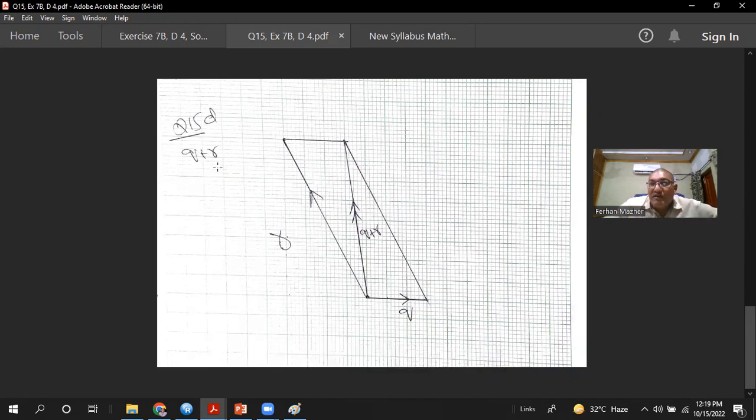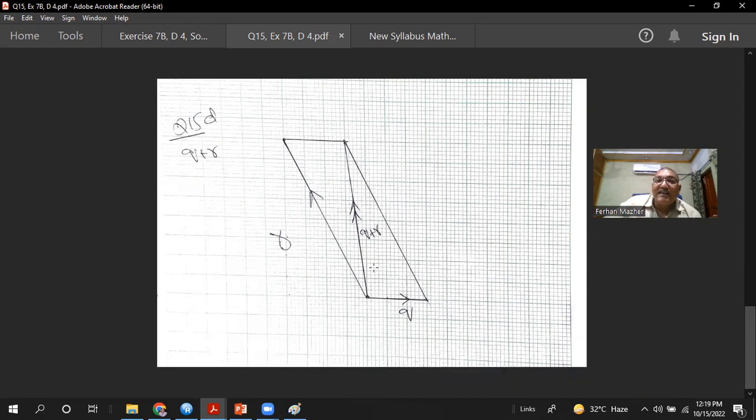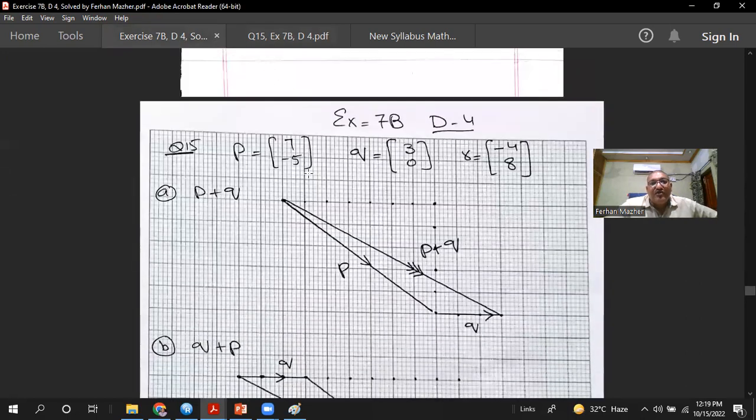So the parallelogram will be completed. So we suppose that the Q and the R, they are the adjacent sides of a parallelogram. We complete the parallelogram. Then where the tails were joined of these two vectors, I join it with the opposite corner, and that gives me the resultant. That gives me Q plus R.